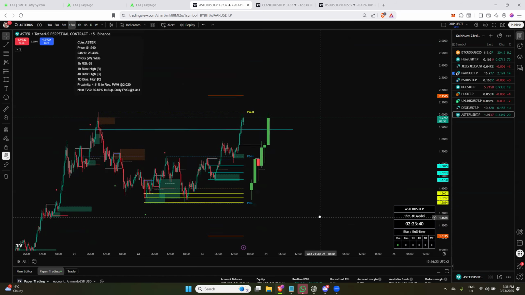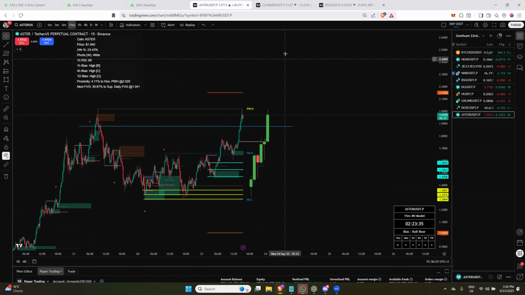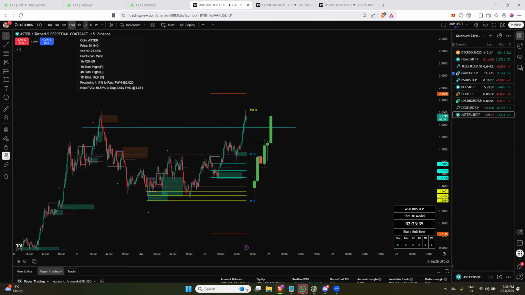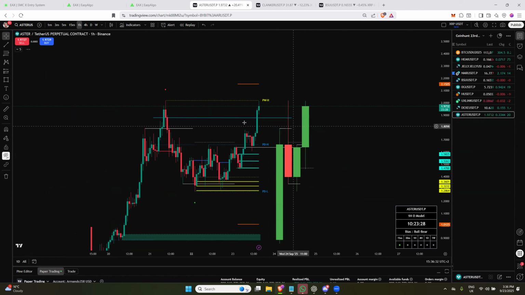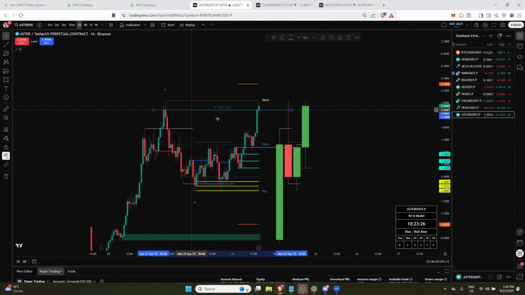But whether it drops completely or whether it just does a small pullback, I would only then use your weekly levels. So I like to use my 1 hour opposing candle levels. So you can see where price responds to it as well. Responds, broke, and then continues to the upside.